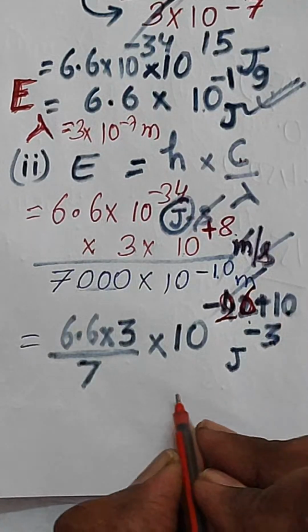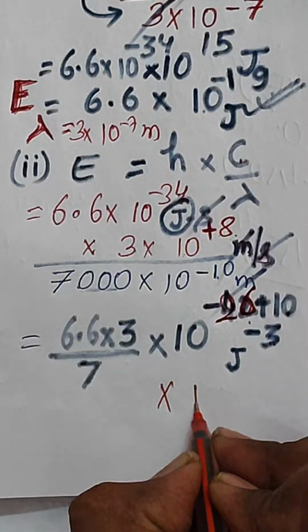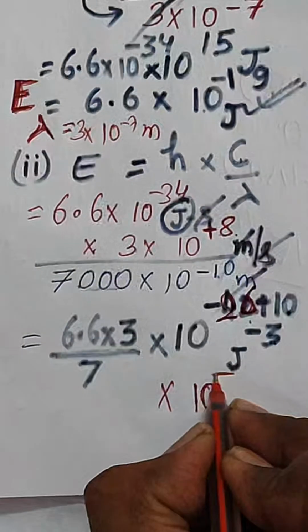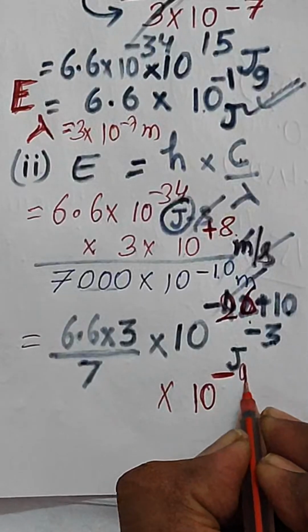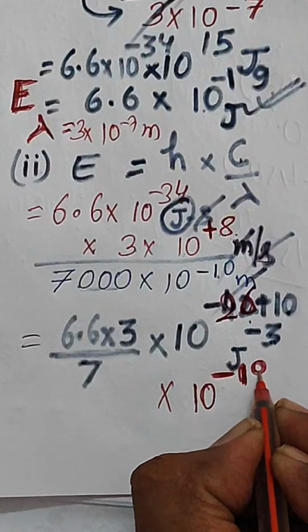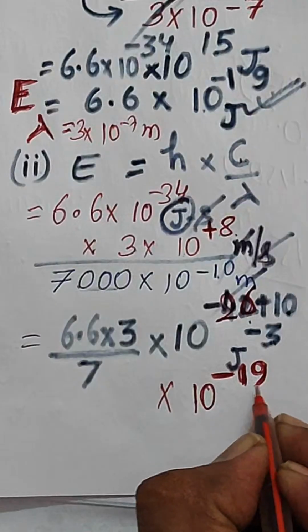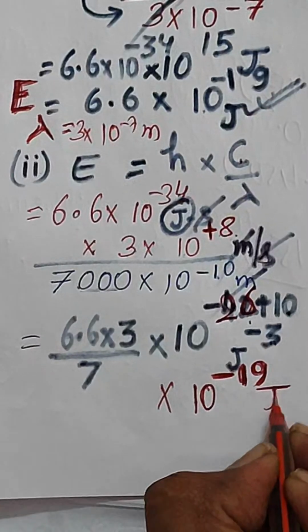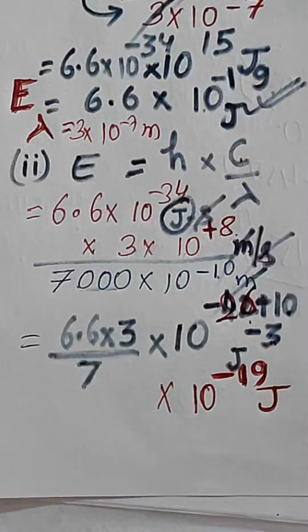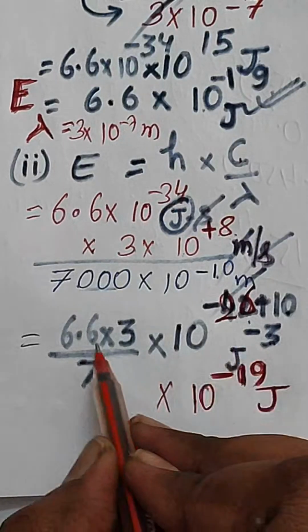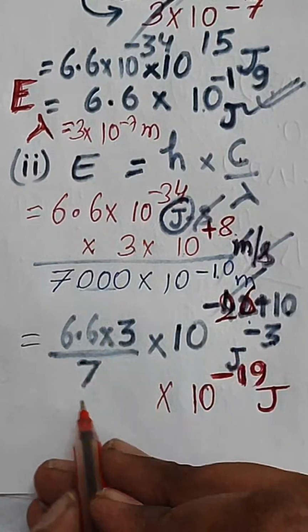So this will be 10 to the power minus 19 joule. And here we have 6.6 into 3 by 7.